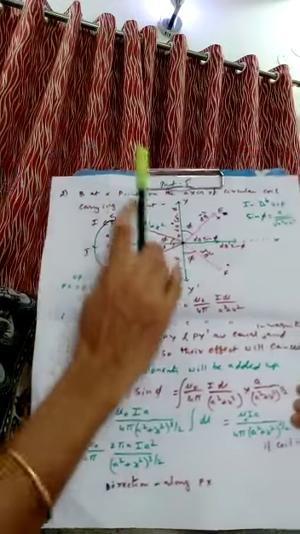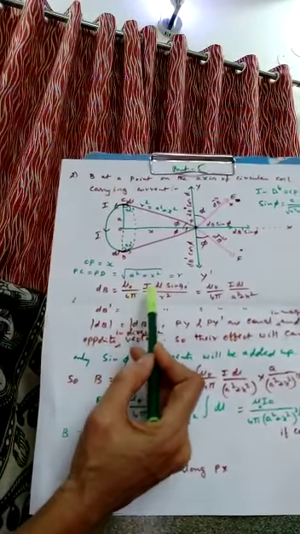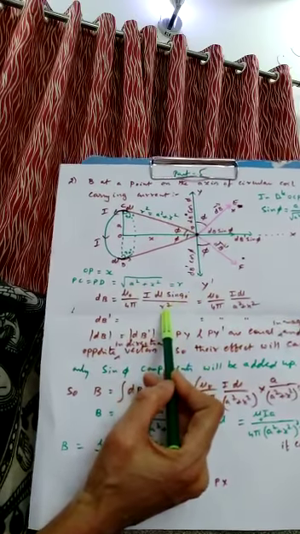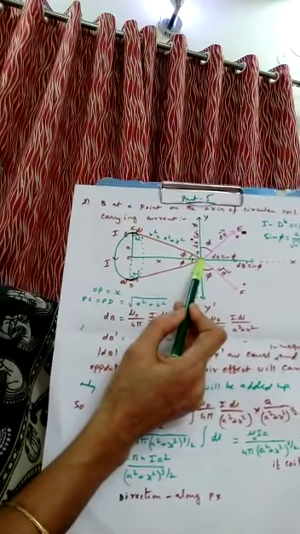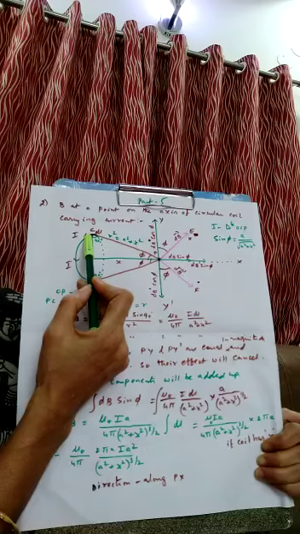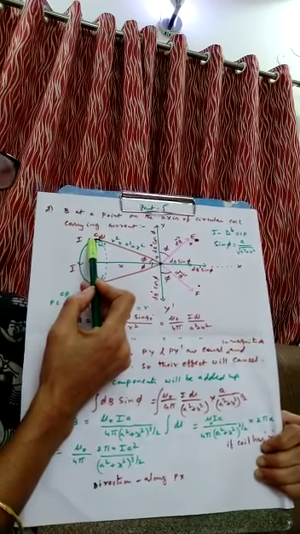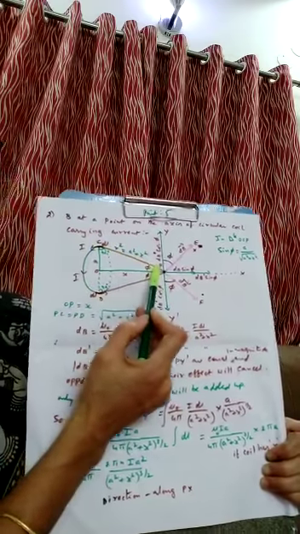Can you calculate? We know from Biot-Savart's law that the value of dB is given by mu naught by 4 pi, I dl sin 90 by r square. Why 90 degrees? Again, because point P is very, very far away from dl. Got it? The angle between dl and the line to point P is 90 degrees.